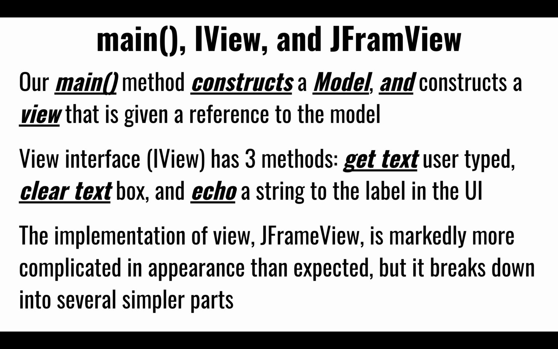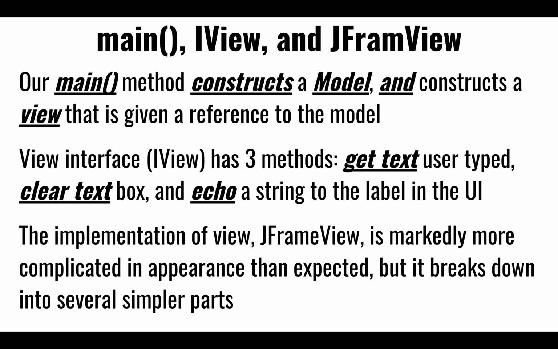Now we'll implement it in a class called JFrameView. So we'll have JFrameView implement IView. The reason for JFrame is that in Swing, the way we pop up a window that we can then draw on, those are called JFrames.